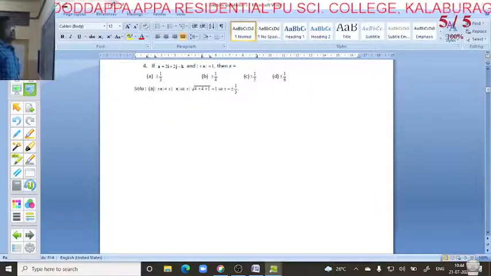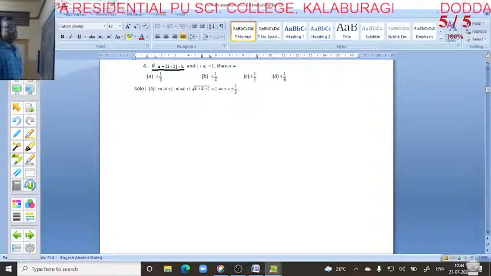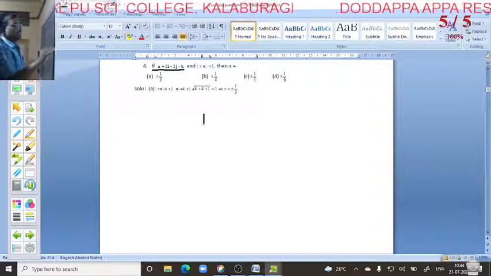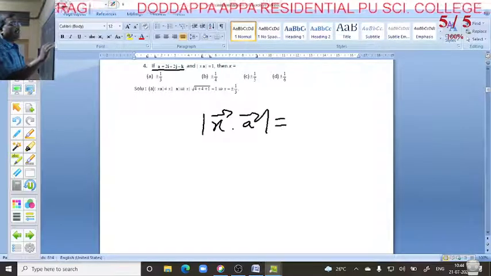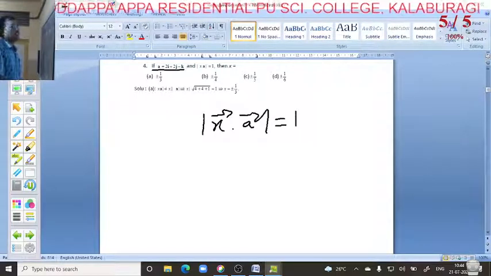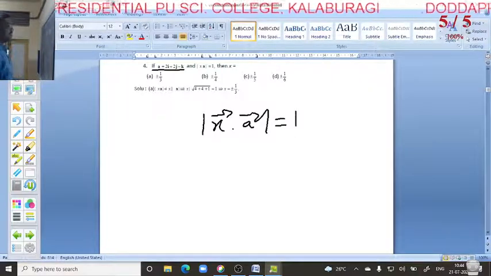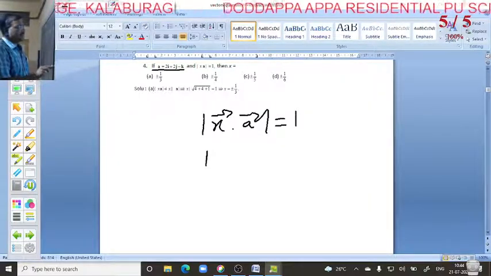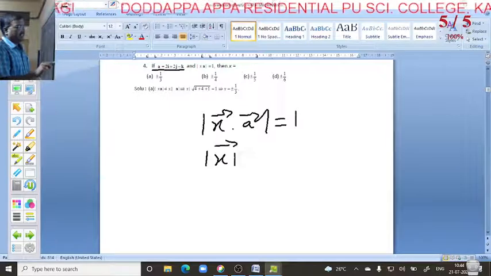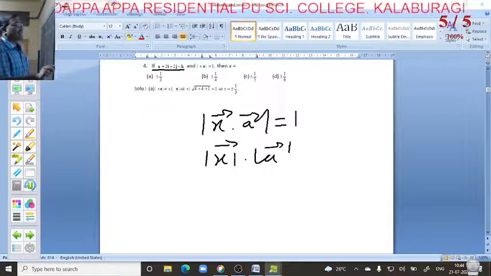Next, fourth one. If vector A is equal to 2i plus 2j minus k and the magnitude of x times vector A is equal to 1, then you can find the x value. So here you can take separately magnitude of x times magnitude of vector A equal to 1.